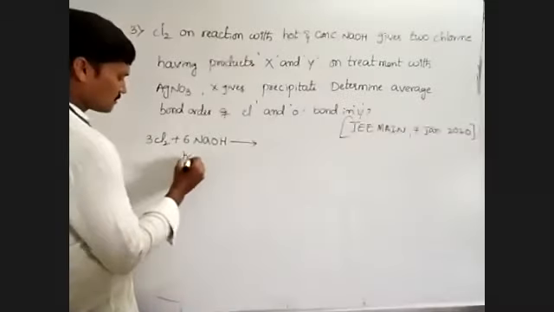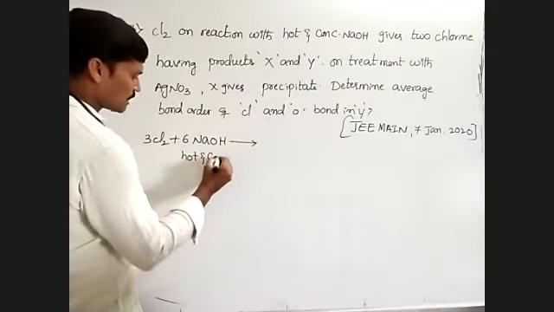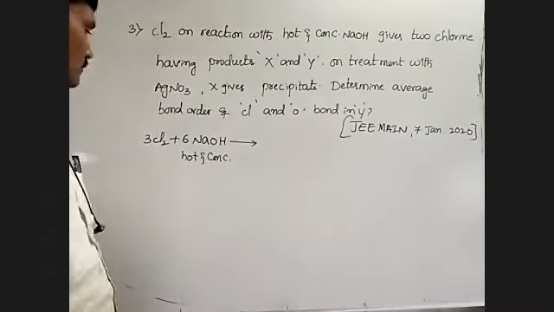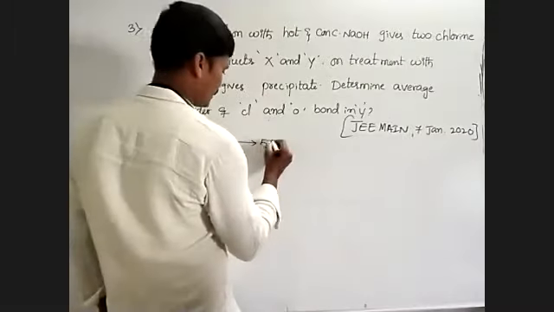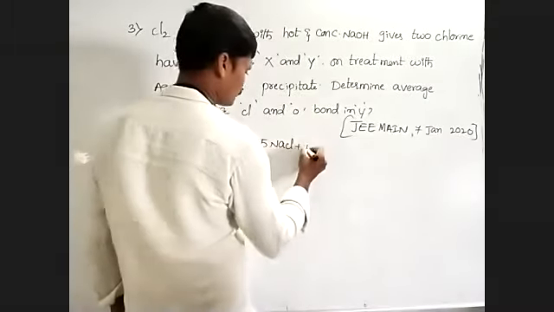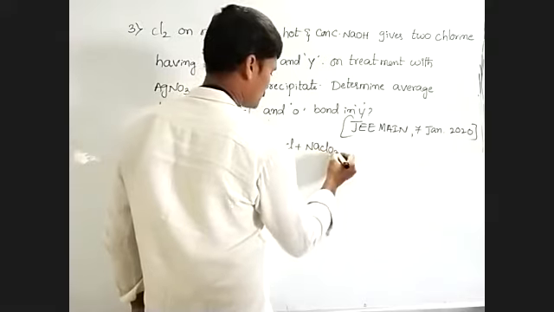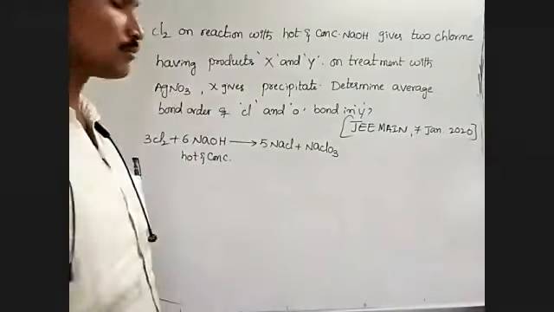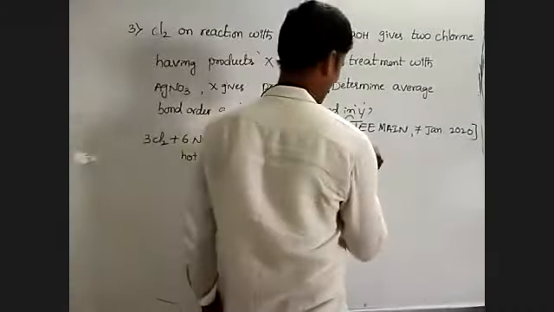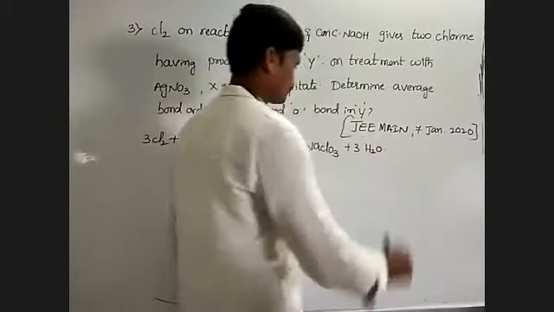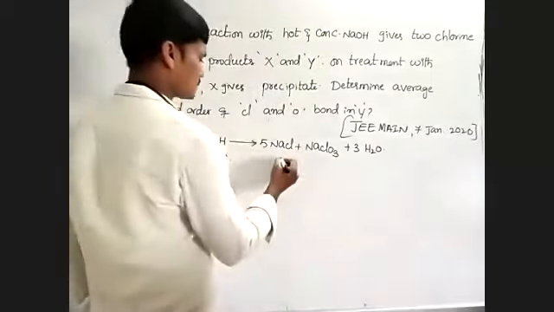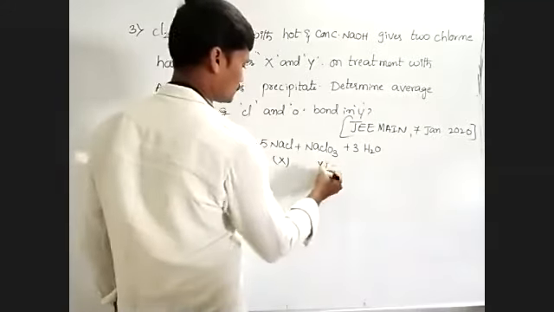This is hot and concentrated NaOH. So it gives 5 moles of sodium chloride, sodium chlorate NaClO3 and 3 moles of water. So in these products, this is X, this is Y.